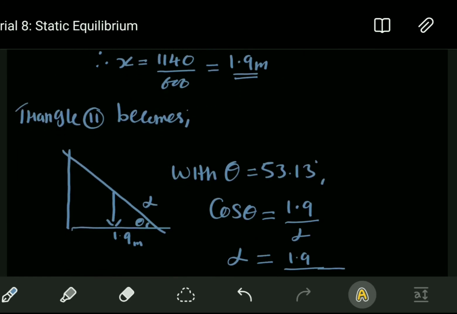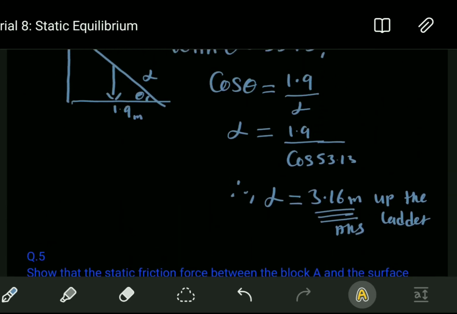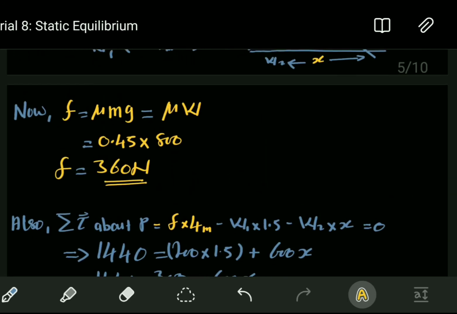So the frictional force times the perpendicular distance of 4 meters, minus the weight W1, which is going downwards, times the perpendicular distance of 1.5, minus W2, which is 600 newtons, the weight of the man, times the perpendicular distance of x, must equal 0.